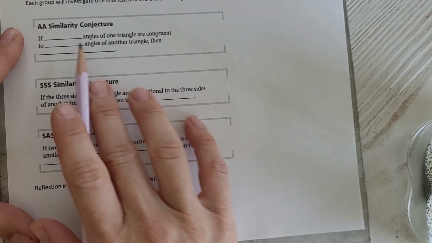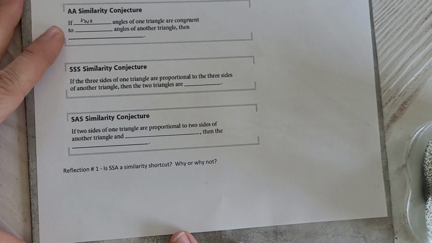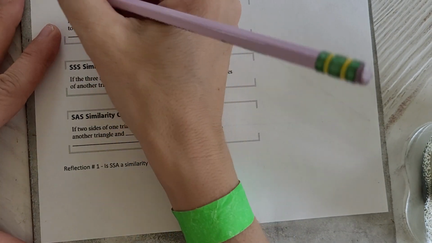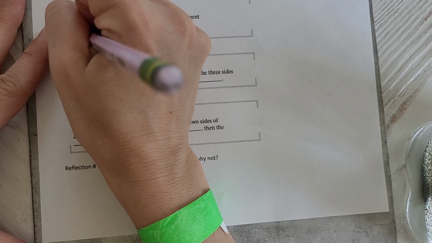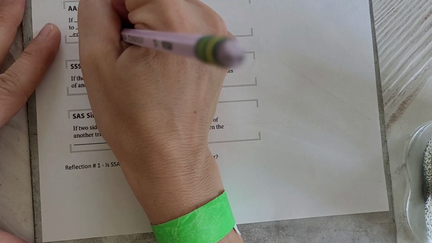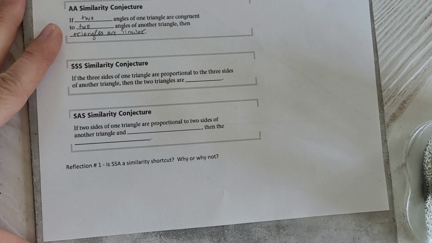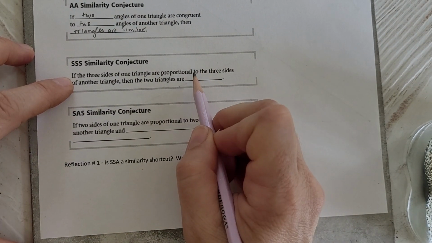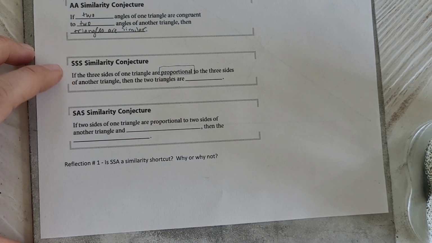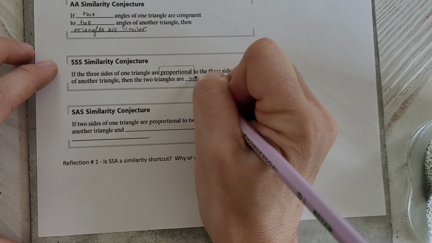So, angle, angle, angle. If two angles of one triangle are congruent to two angles of another, then the triangles are similar. Side, side, side. If three sides of one triangle are proportional, remember not congruent, but proportional to three sides of another, then the triangles are similar.